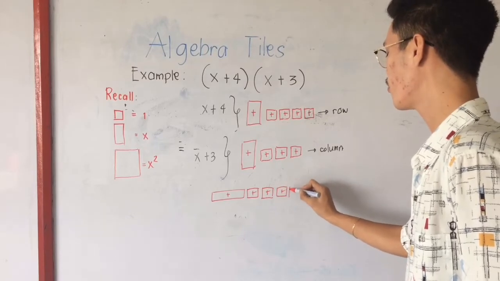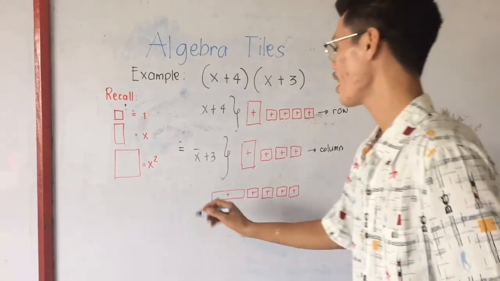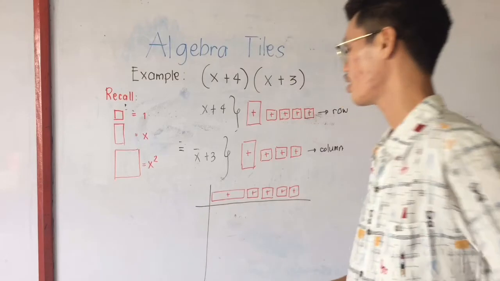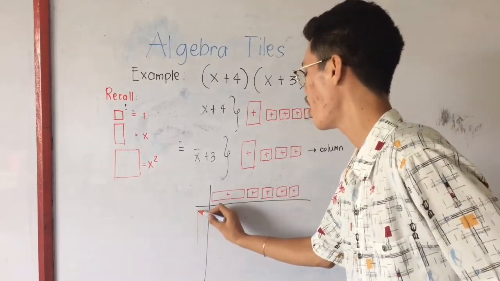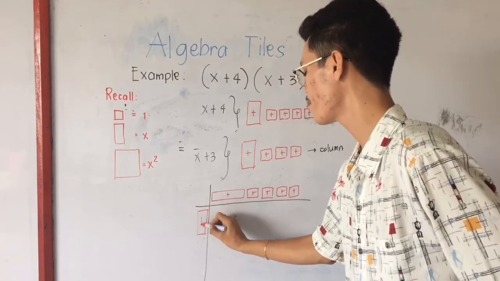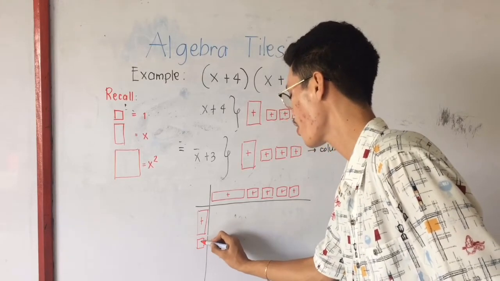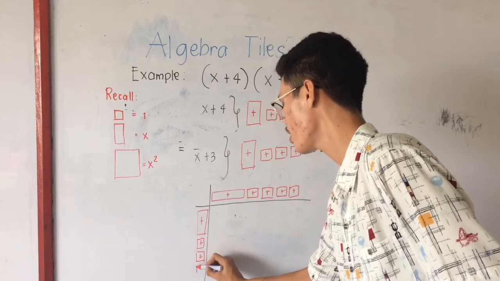Next is your x plus 3, that is in column. So we have 1 rectangle, which is positive, and there are 3 small squares. 1, 2, and 3.